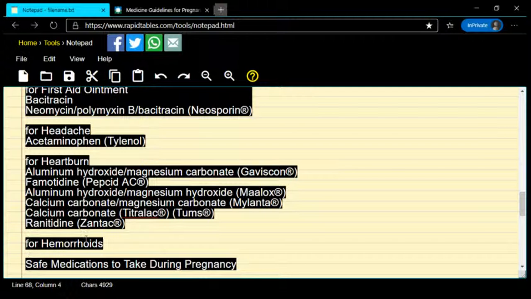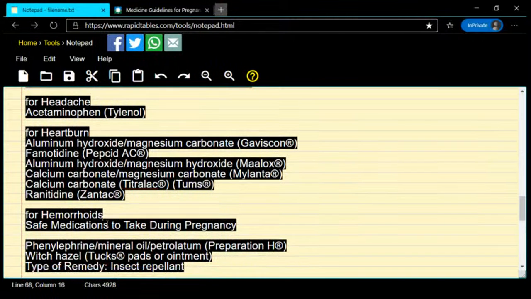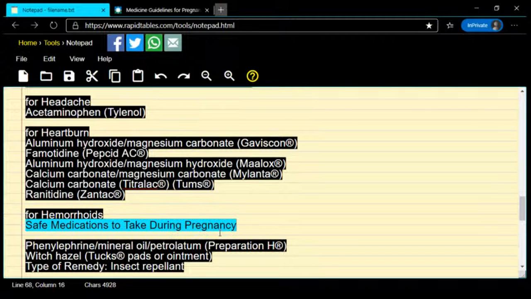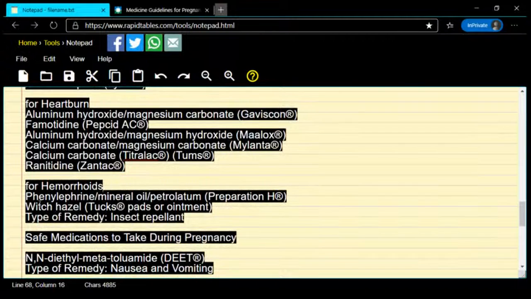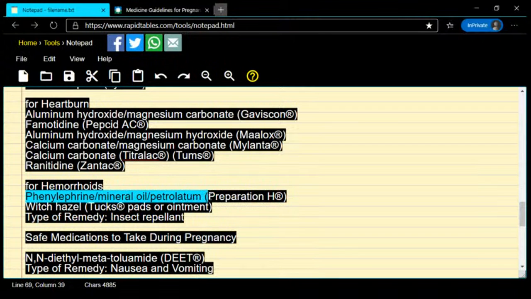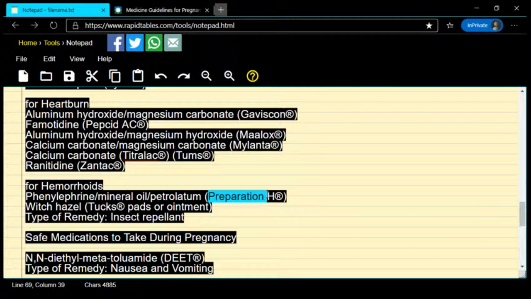Next remedy is for hemorrhoids. The safe medication taken during pregnancy for hemorrhoids is phenylephrine, mineral oil, petroleum, all under the name Preparation H. Phenylephrine, mineral oil, petroleum for hemorrhoids.